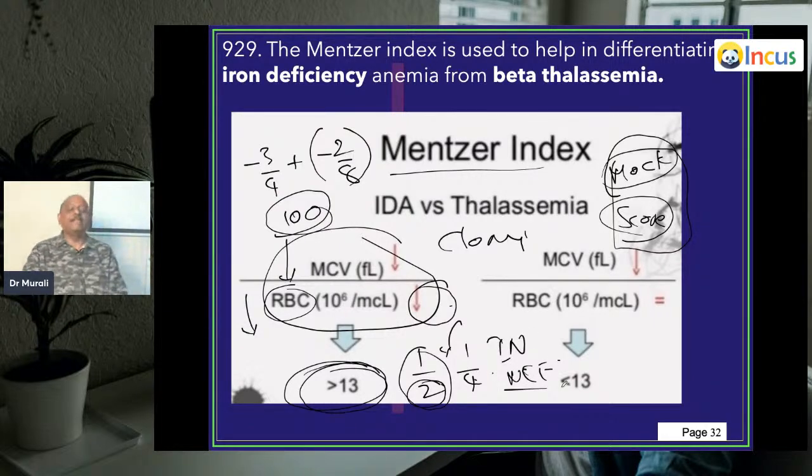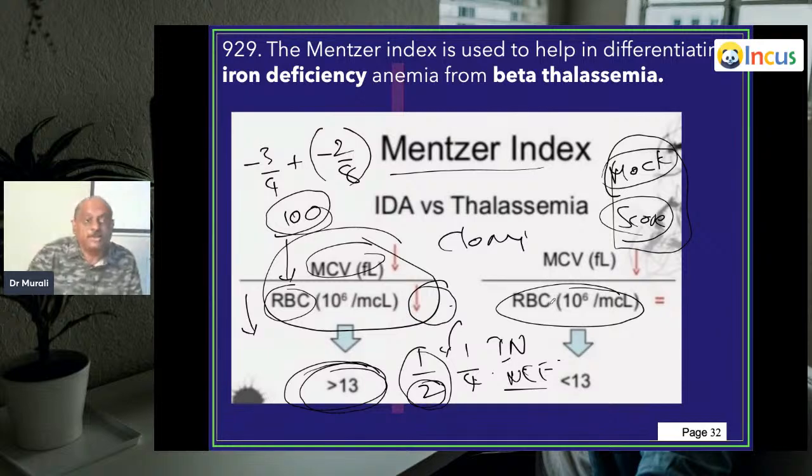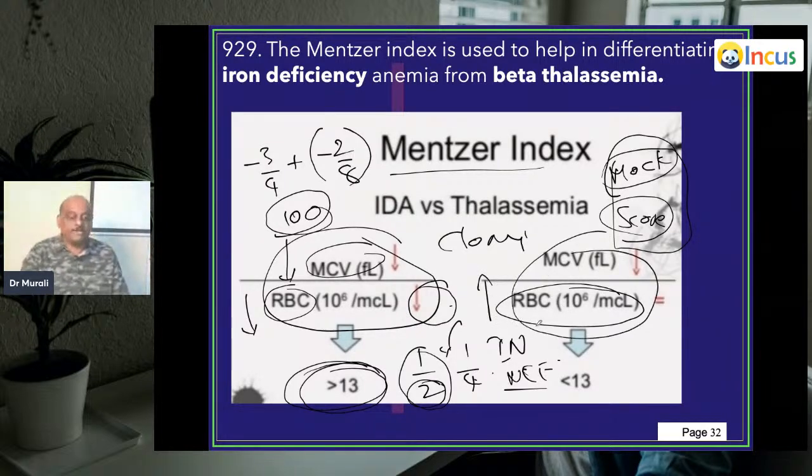So now, let's come to the Mentzer Index. So, MCV by RBC count. RBC count is typically increased in thalassemia. That's the reason the ratio becomes less than 13.